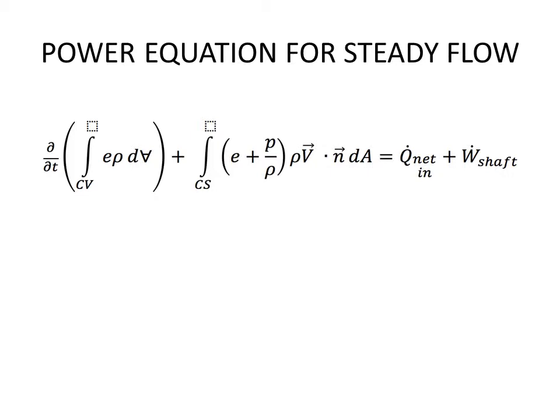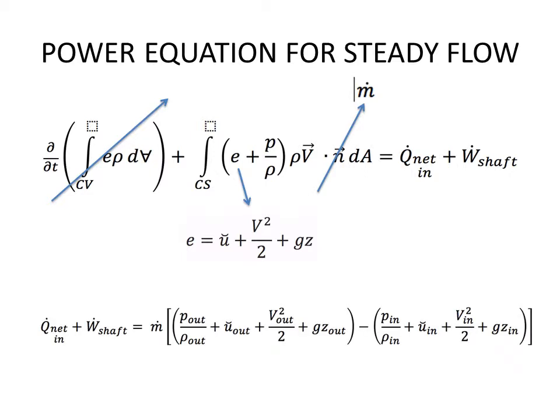This part is equivalent to the mass flow rate, so we can also sub in the mass flow rate for that term. E, which is equal to the energy, can be written as the internal energy plus the kinetic energy plus the potential energy, and we will also sub that into our equation in order to yield the equation at the bottom.